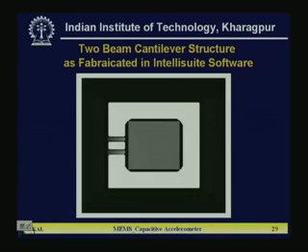Here one point I would like to mention is that this kind of structure has 4 corners. All the 4 corners will be etched faster as compared to the parallel plane structure, either along the length or along the width.